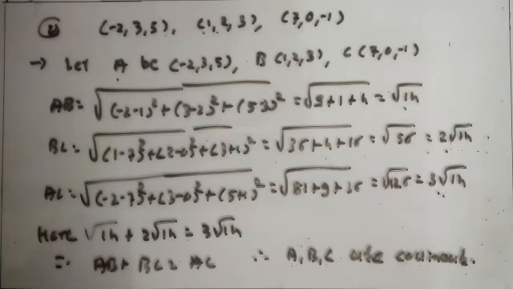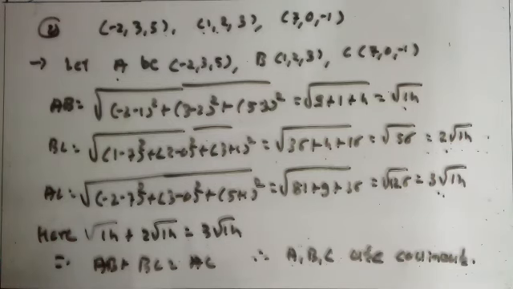Let A be (0, 7, -10), B (1, 6, -6), and C (4, 9, -6). Applying the same method, first find AB, BC and AC and compare the sides. If we find that two sides are the same, then we say that this triangle ABC is an isosceles triangle.